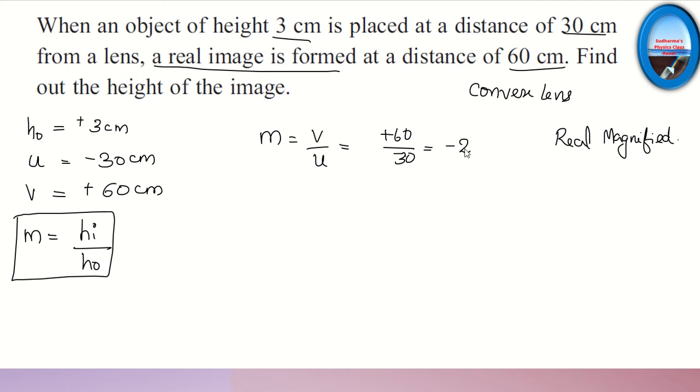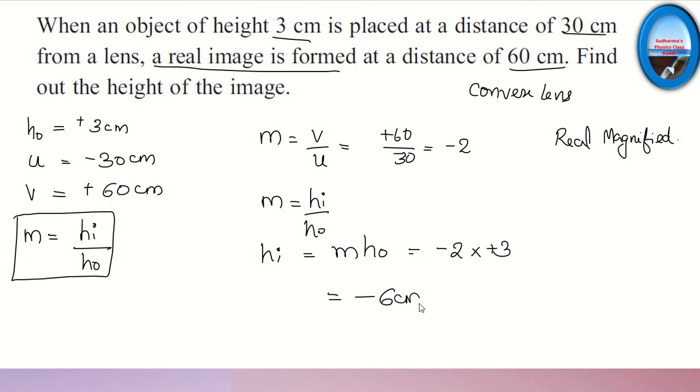So now I can apply this minus 2 in this formula. M is equal to HI by HO. We need height of the image, that is equal to magnification into height of the object. So magnification is minus 2 and height of the object is plus 3, right? 2 into plus 3, that is going to be minus 6 centimeter.